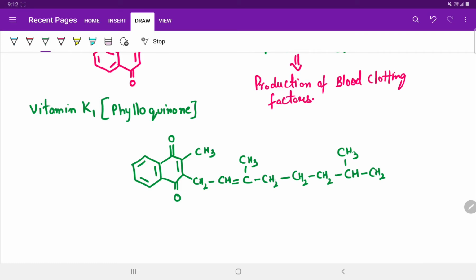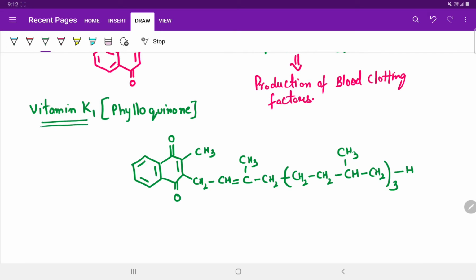So up to this is all 3 times here and then the hydrogen bond. So this is the structure for vitamin K1, that is phylloquinone.